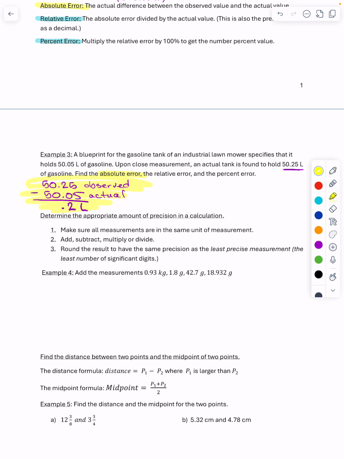To find the relative error, we are going to go ahead and take our absolute error and we are going to divide it by the actual value.